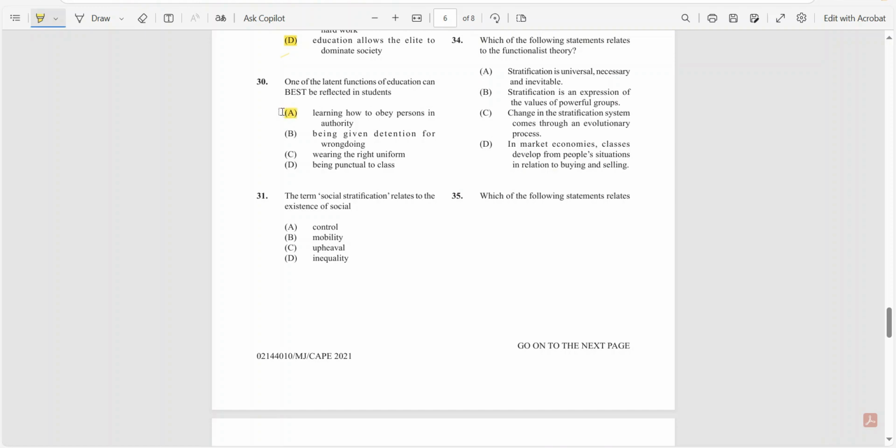That's A. The term social stratification relates to the existence of social... Alright, so 30 was A. The term 31 would have been social inequality.